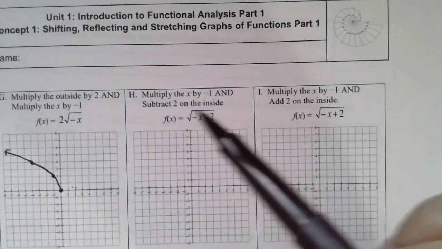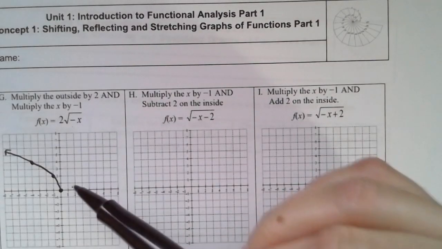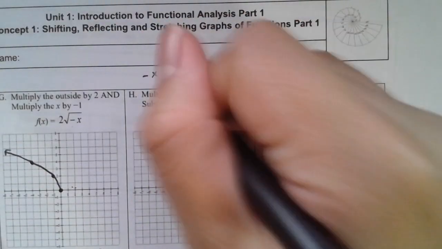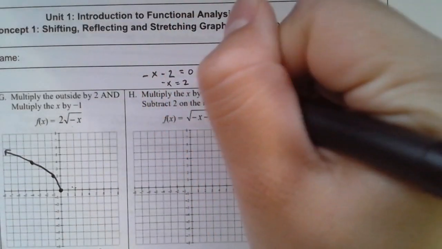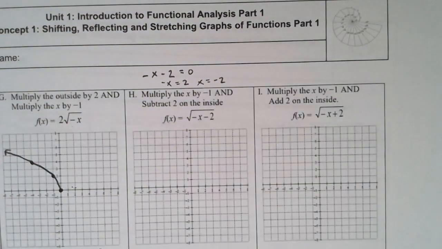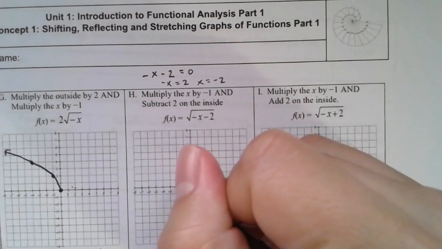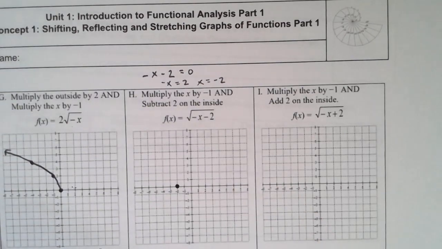When all of this is equal to 0, whatever x value you plugged in, that's where it's starting. So you can look at it as negative x minus 2 is equal to 0, because you want the inside to be 0. If you solve for x, you get negative x is equal to positive 2, so x is equal to negative 2. So when x is equal to negative 2, all of this would be 0. That's where the function starts.